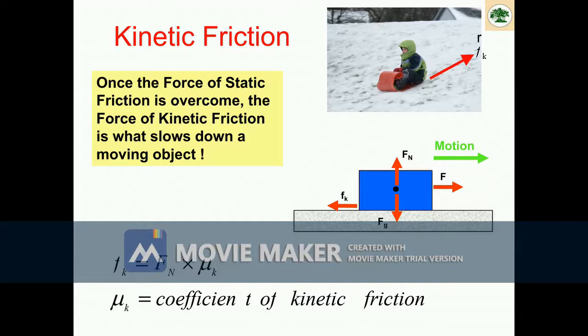The motion is on the right side, and the force of friction is towards the left side. Here Fk is the force of kinetic friction, and Fk will be given as mu into N. Mu is the coefficient of kinetic friction. We call it mu k.